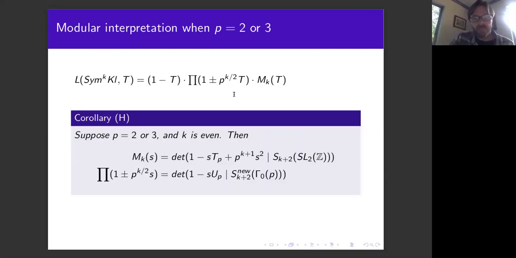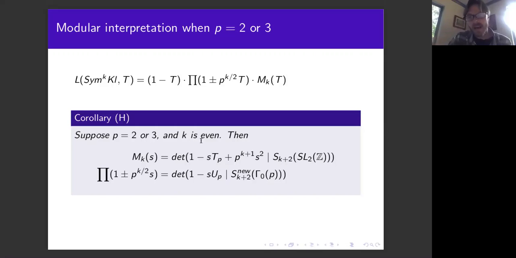In fact, this m_k here is this Hecke polynomial, where this is the Hecke operator acting on cusp forms over SL2(Z), and this product, where it's p to the k plus k over 2, is coming from the space of new forms on gamma_0(p). So this is just Atkin-Lehner theory applied to that previous theorem, and you can refine the previous result to get this.